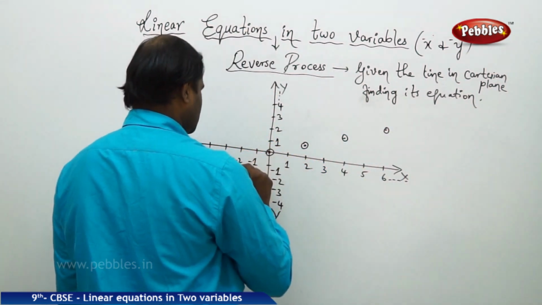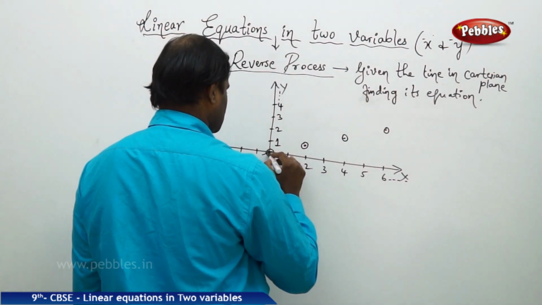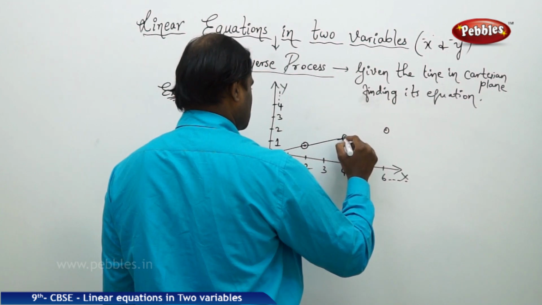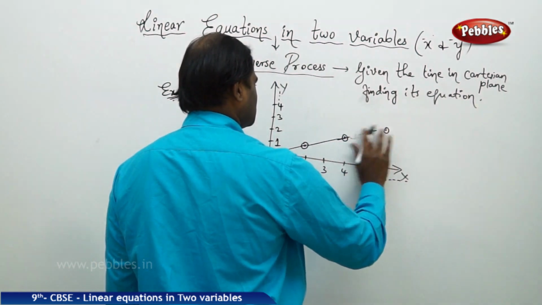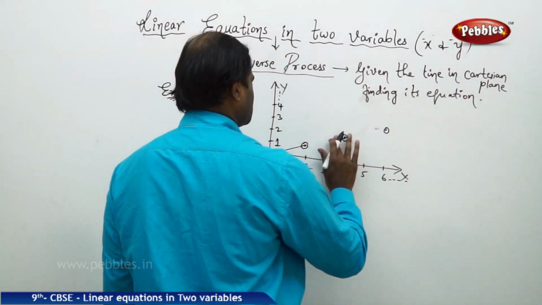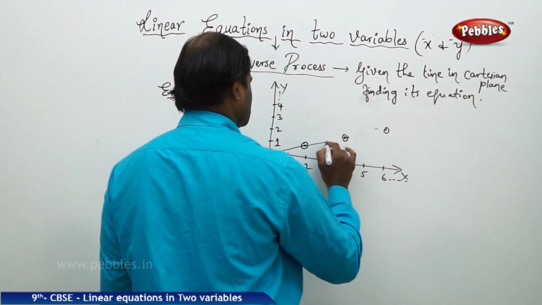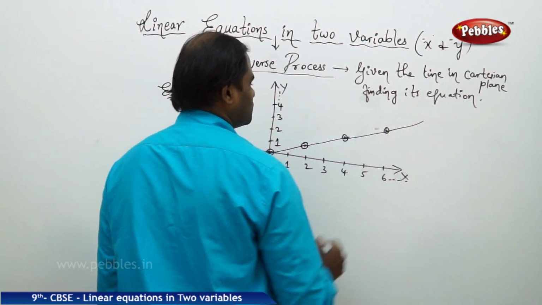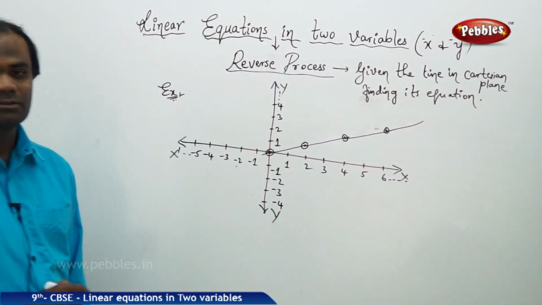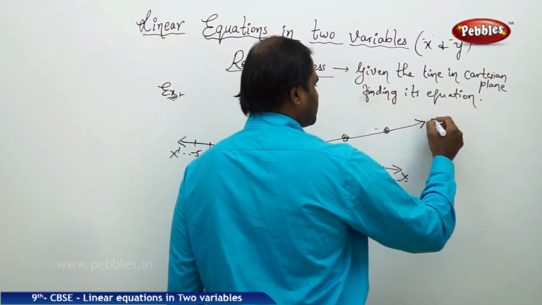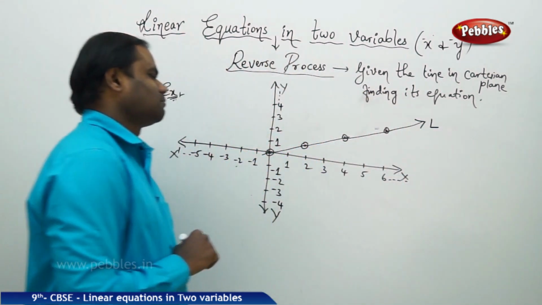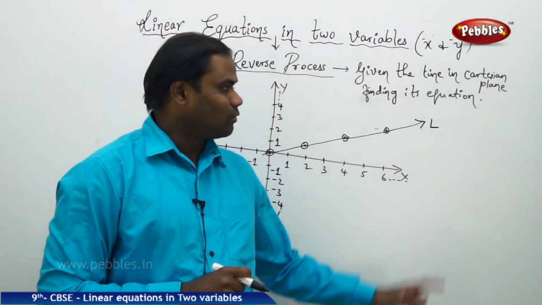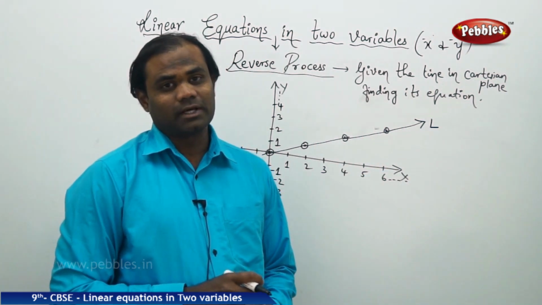So I get the line passing through, say, this. Here is the line. Here is the Cartesian plane. Now my question is, what will be the equation of this line?